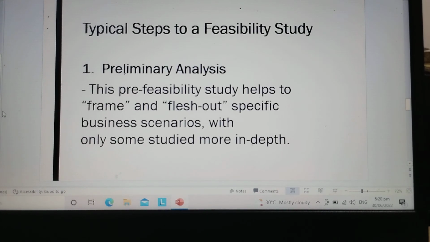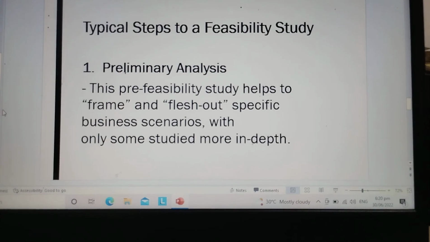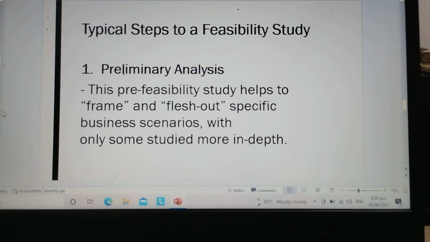Okay, there are typical steps to a feasibility study. Number 1, preliminary analysis. For preliminary analysis, to efficiently evaluate alternatives, a pre-feasibility study is often conducted after discussing a series of business ideas or scenarios.